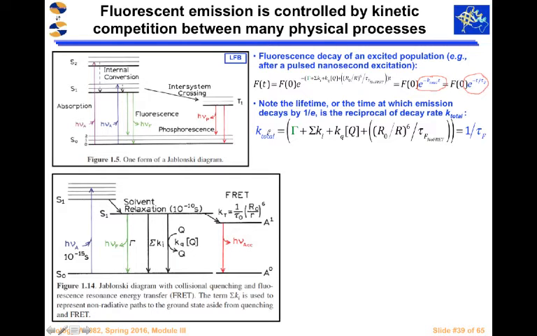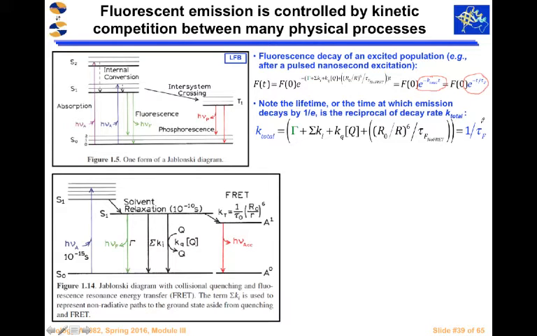So the total rate of decay, the first order kinetic rate constant for the decay of the excited state population, is simply the sum over the different molecular processes that cause decay. That sum gives you the first order rate constant, and that first order rate constant is the reciprocal of the lifetime.